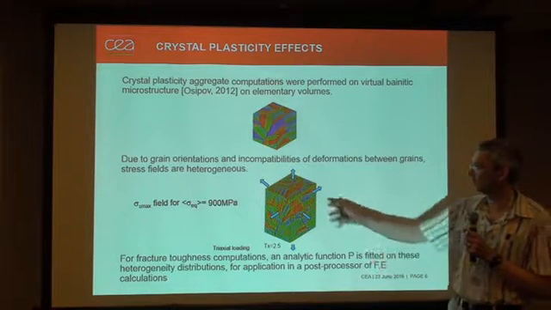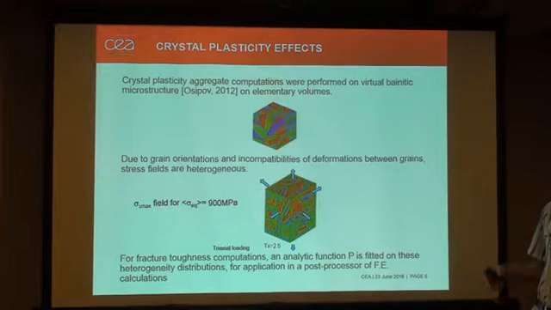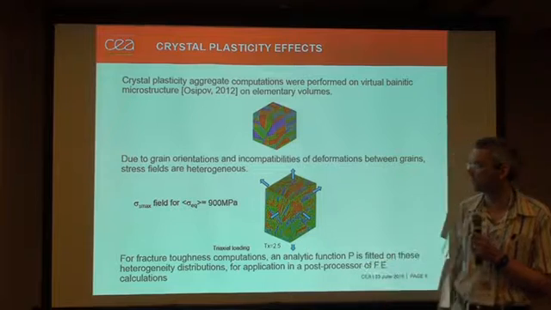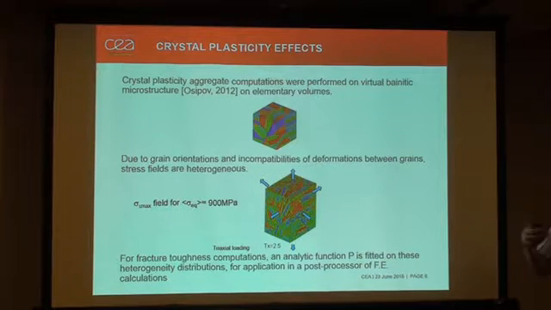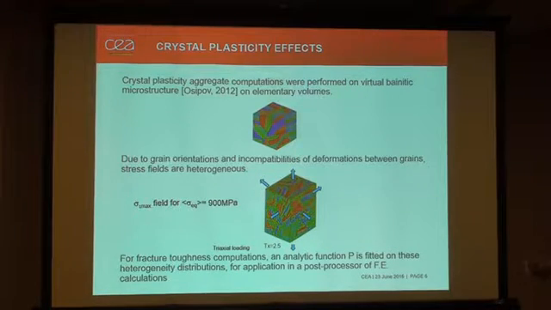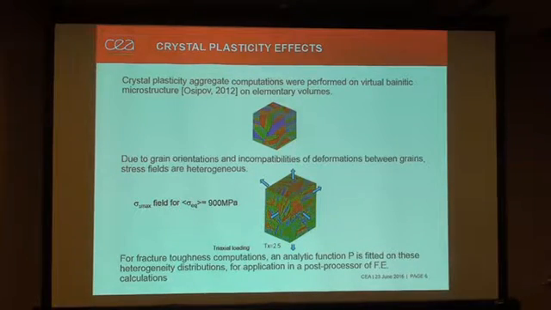Due to grain orientation and incompatibility of deformations between grains, the stress field inside V0 is heterogeneous. And for our application, we use this kind of simulation to fit an analytical function that will describe this heterogeneity of stress within the volume V0.